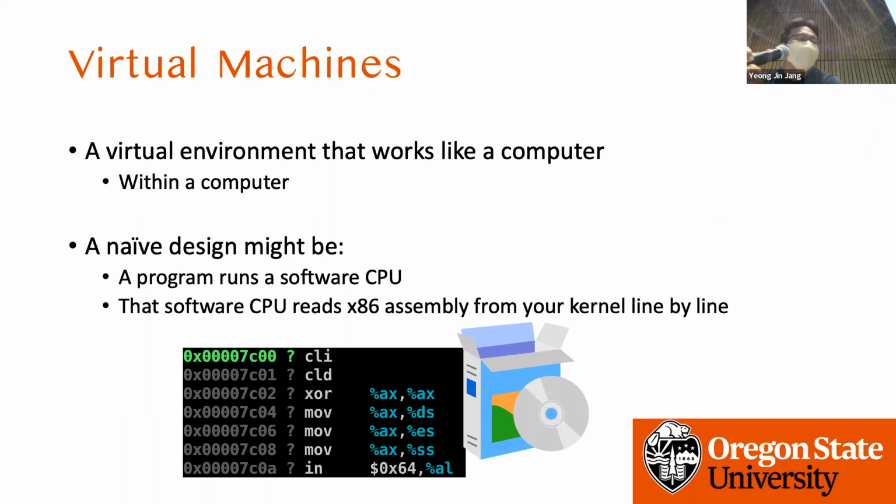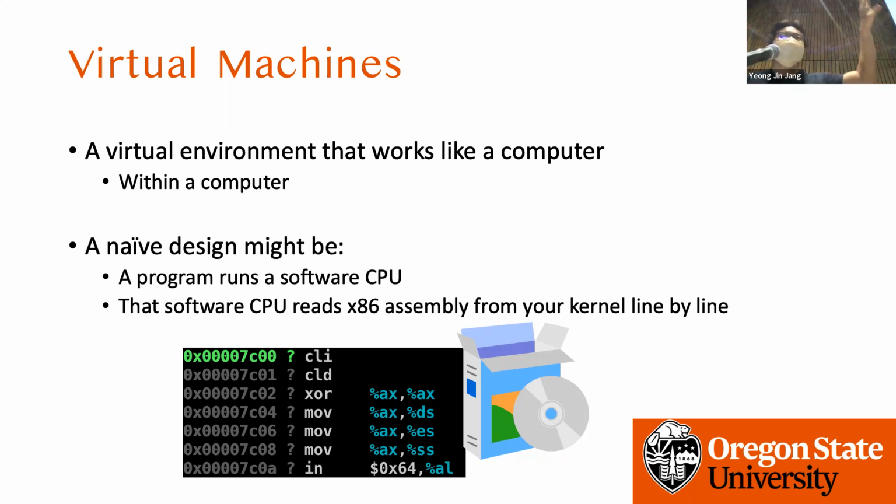QEMU is a quick emulator, and these are so-called virtual machines. A virtual machine is a virtual environment that works like a computer. You can think of it as a program you wrote, just a Ring 3 application.